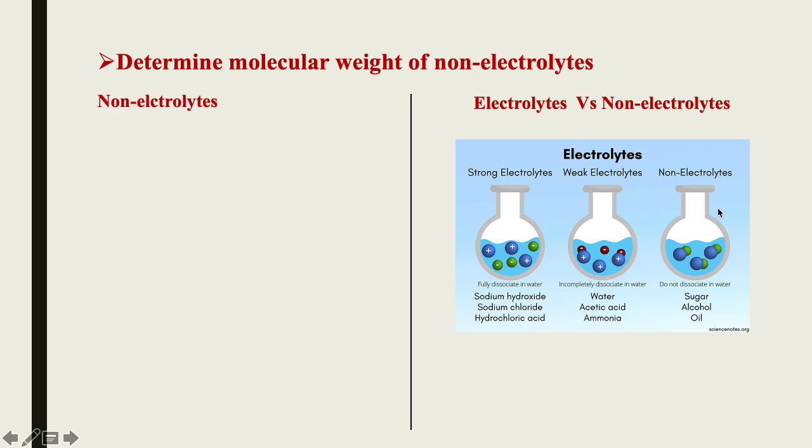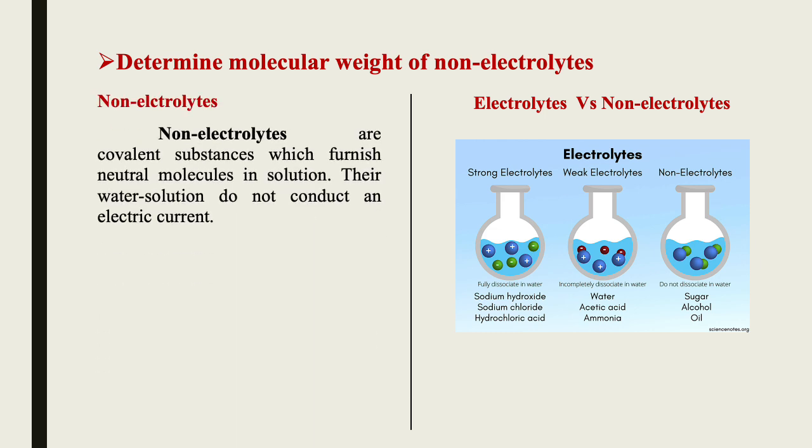Now we will see what is meant by non-electrolytes. As the definition suggests, non-electrolytes are covalent substances which furnish neutral molecules in solution. In solution they remain in a neutral form, and their water solution does not conduct an electric current.